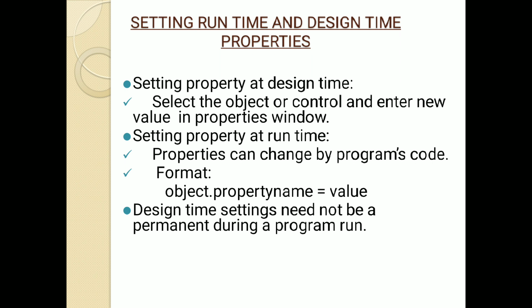The next one is setting property at runtime. So this is you have to give the value in program code. For example, object dot property name equal to value. This is the basic format while setting the properties for the controls or objects. The design time settings need not be permanent during a program run.